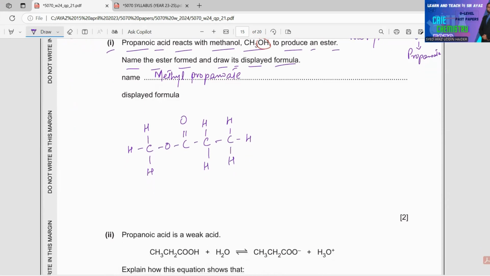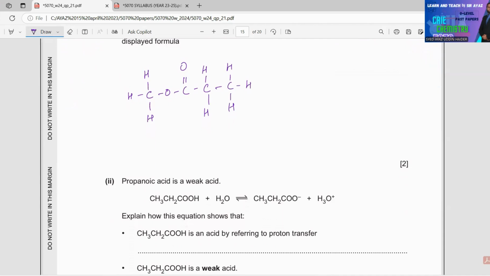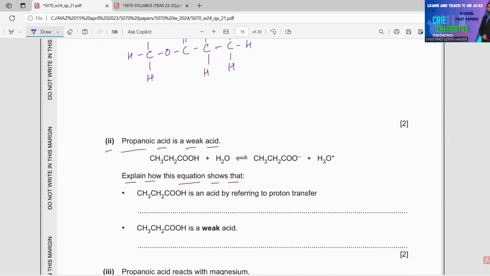for methyl propanoate. Number 2, propanoic acid is a weak acid. This is a reaction equation: CH3CH2COOH plus H2O, reversible sign, CH3CH2COO minus plus H3O positive. Explain how this equation shows that CH3CH2COOH is an acid by referring to proton transfer.